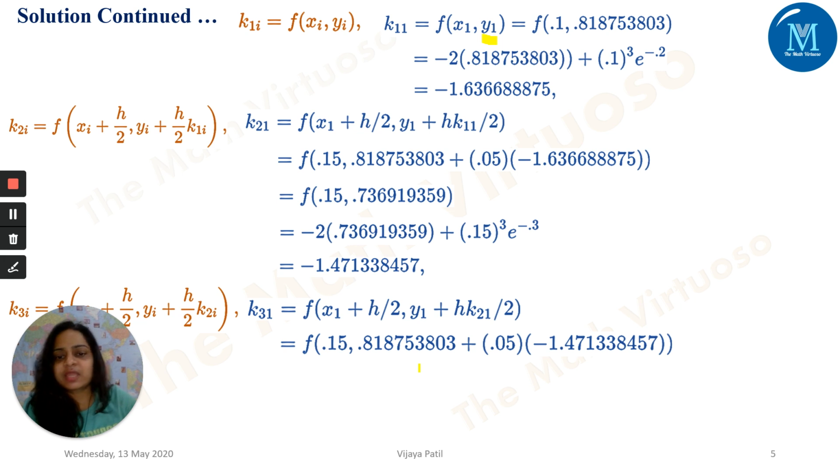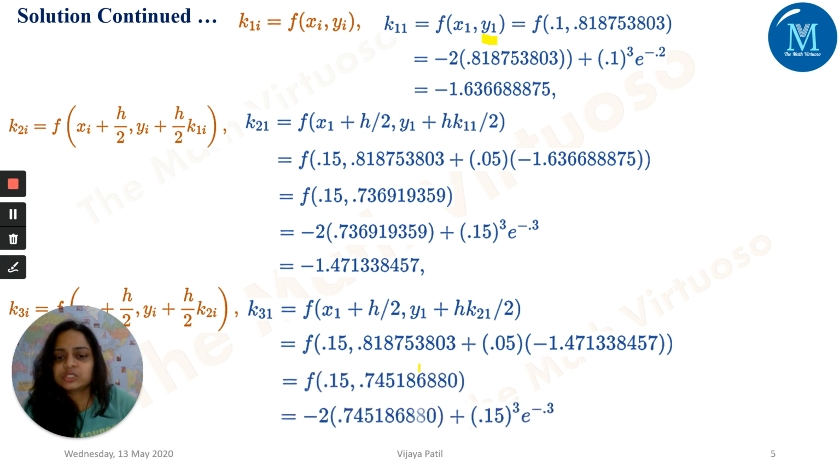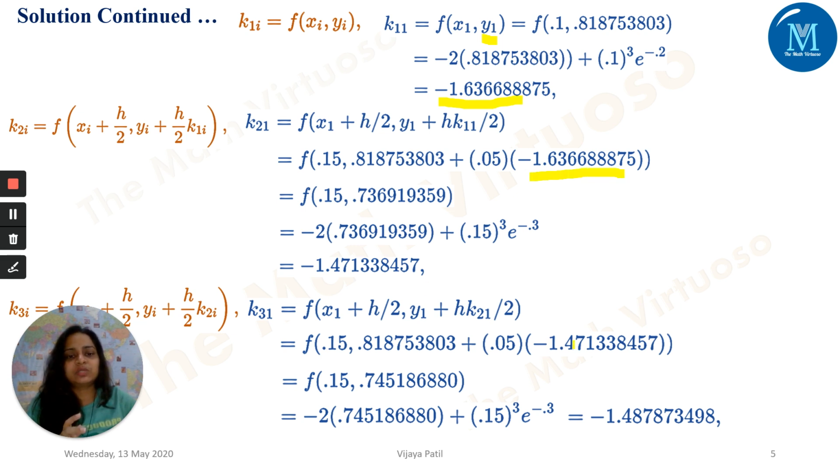Again we calculate with the values of x1, y1 and h, and we reach K31 as minus 1.487873498. If you observe, every time we make use of the previous value to calculate the next.